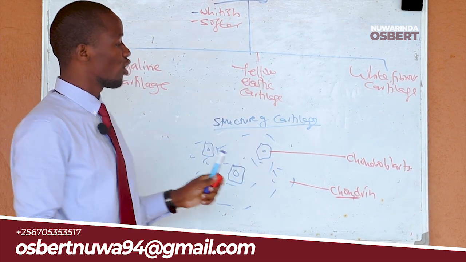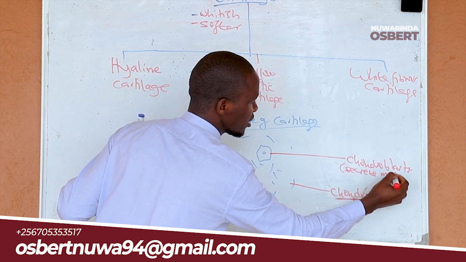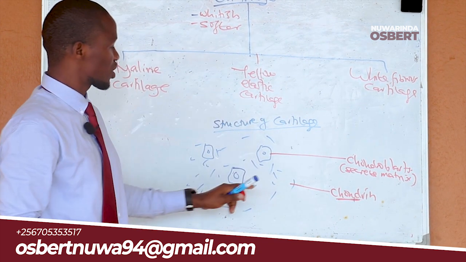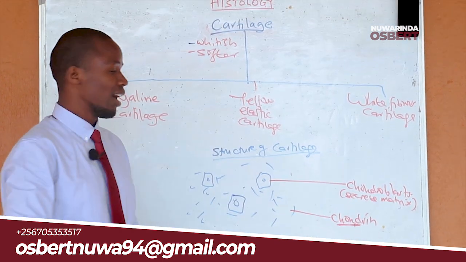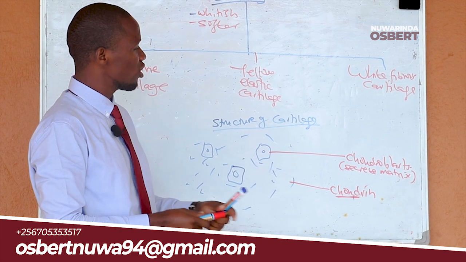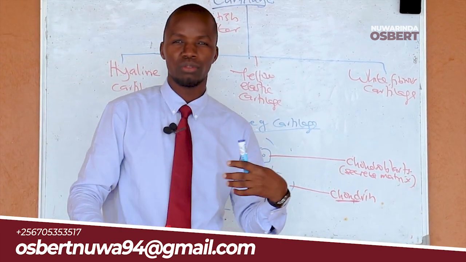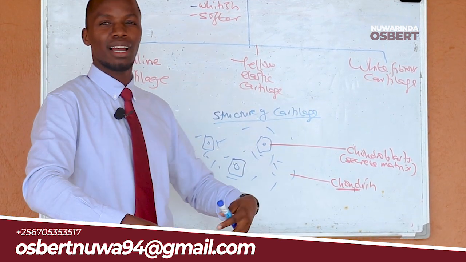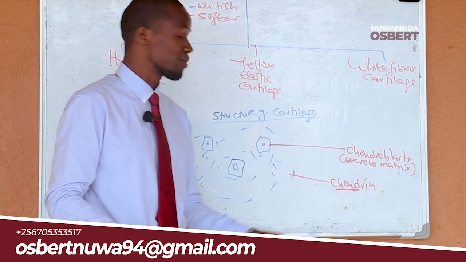The work of the chondroblast is to secrete the matrix. So this matrix you are seeing here is secreted by the chondroblasts. These chondroblasts are the cartilage cells which are active. But as the cartilage grows and becomes mature, some of these chondroblasts become inactive.